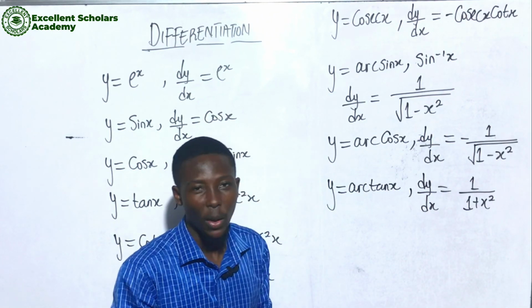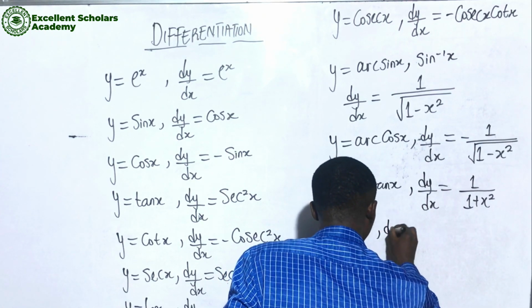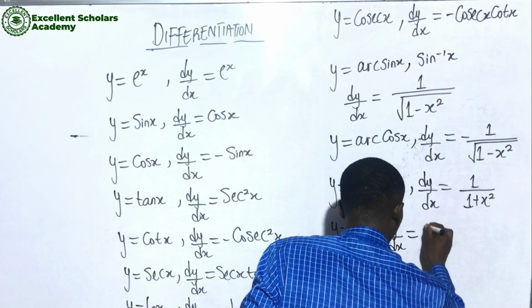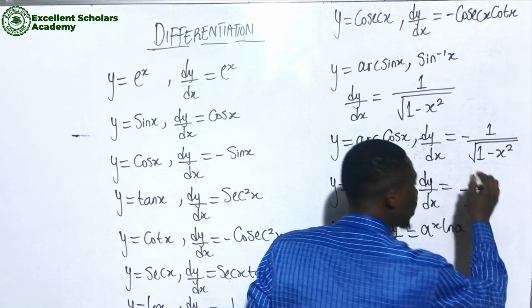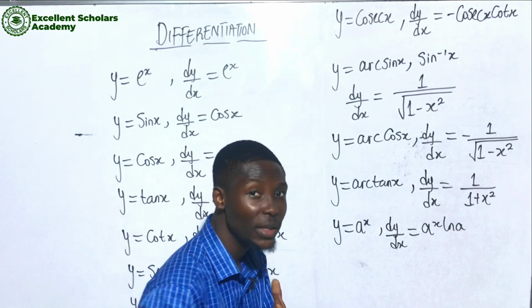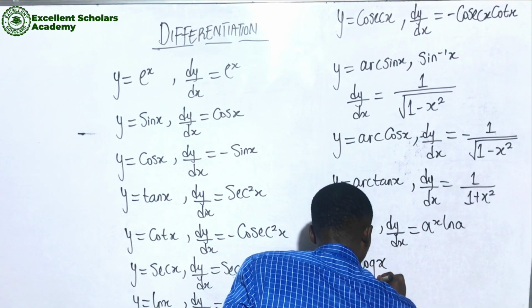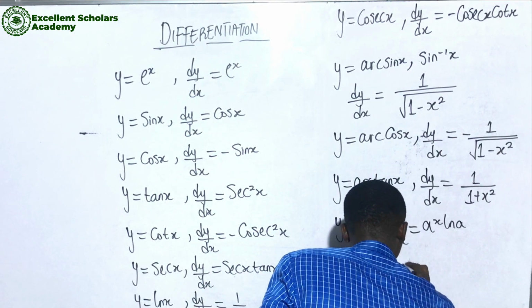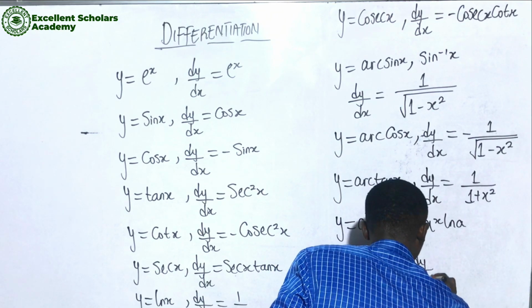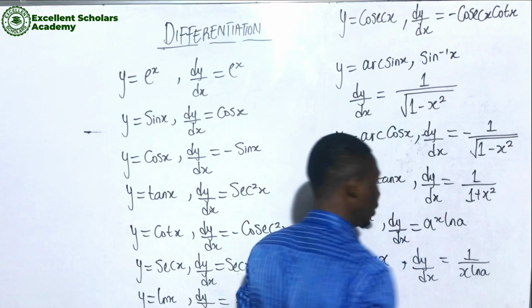Yes. Now, if you're given the function y is equal to a to the power x, your derivative is going to be a to the power x ln a. Okay? And then finally, if you are given y is equal to log x base a, your derivative is going to be 1 over x ln a.